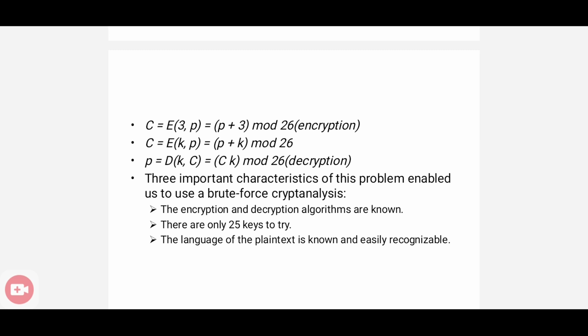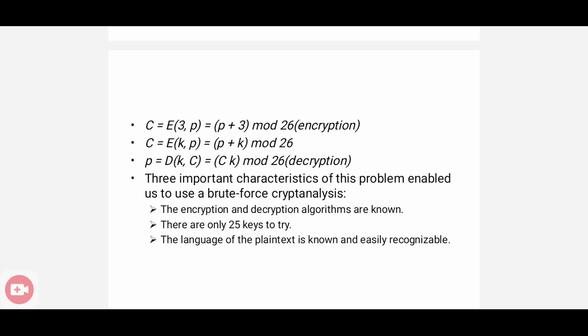E of K comma X means encryption of K with respect to X. X is the plain text. Here P is the plain text and 3 is the key element, because A can be replaced by the letter standing 3 places down. Okay, so 3 is the key element here.